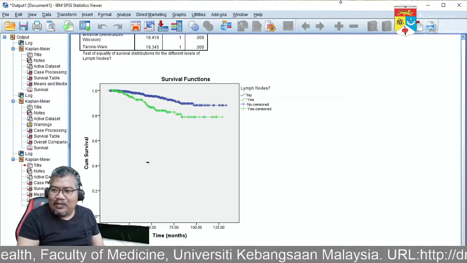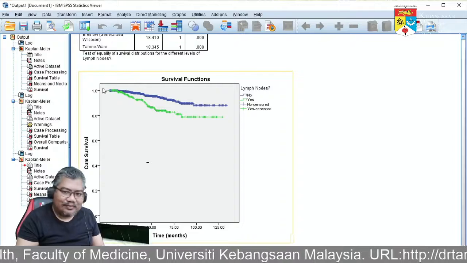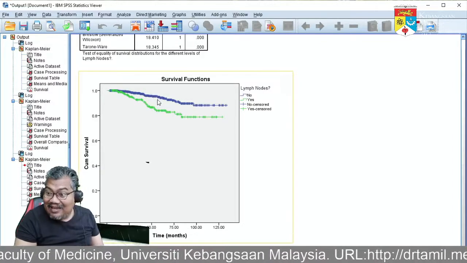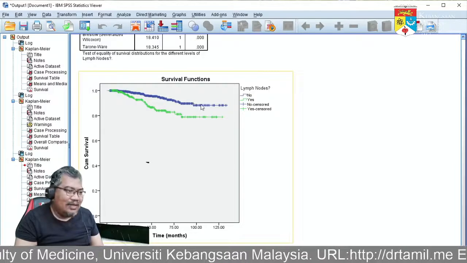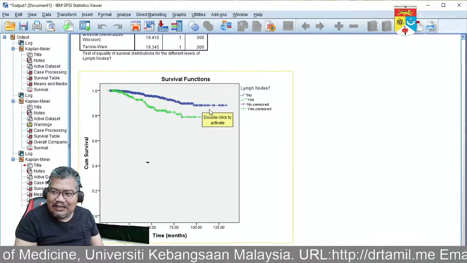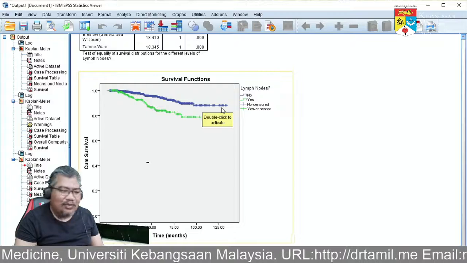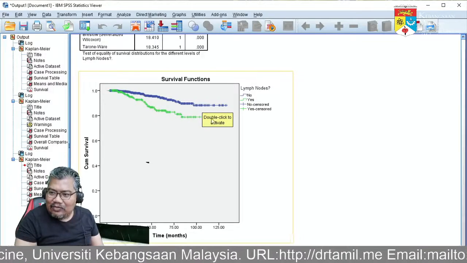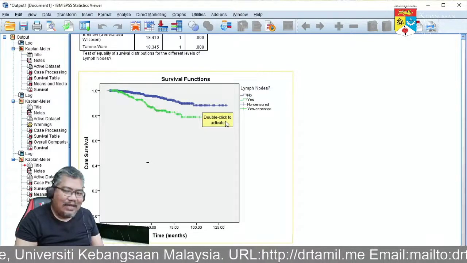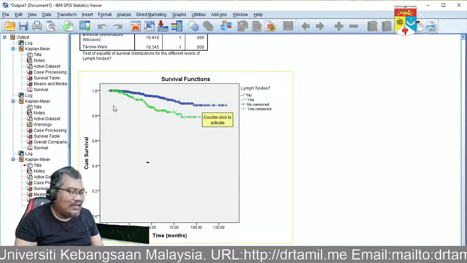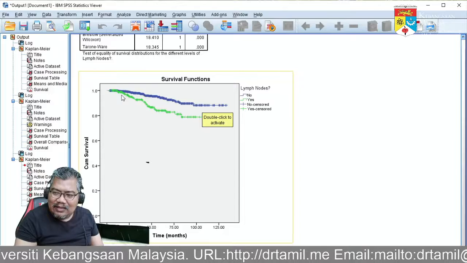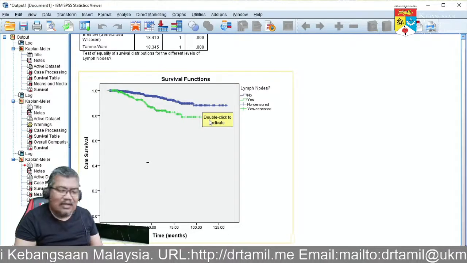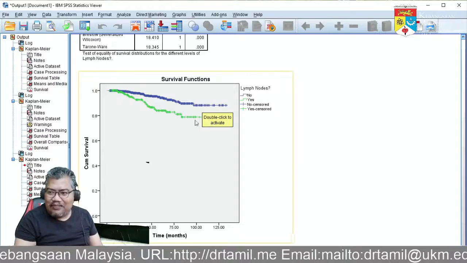Okay. So what happened was we have two groups now. The blue line is those with breast cancer but no lymph node. The green one are those with breast cancer but have lymph node. Okay, under survival analysis, the further down you are, the lower the probability of survival.